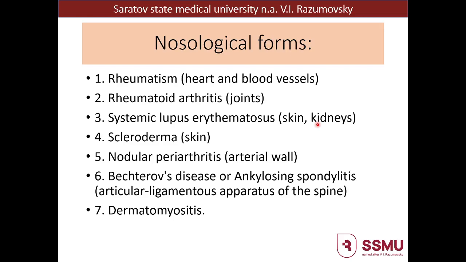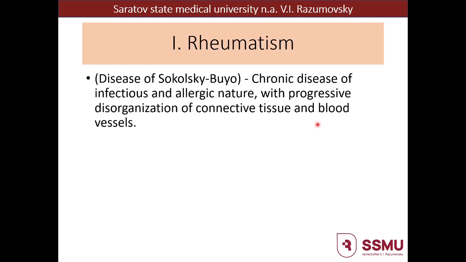All of these diseases, from the fourth to the seventh, are very important too, but in our clinical practice we see them very rarely. The first three are more important.